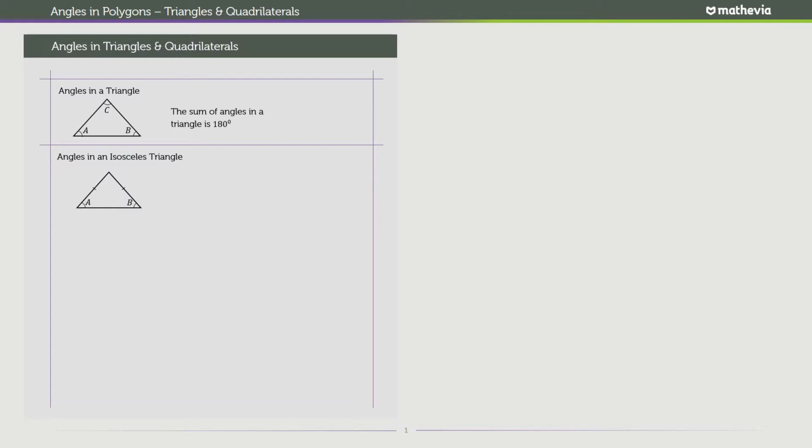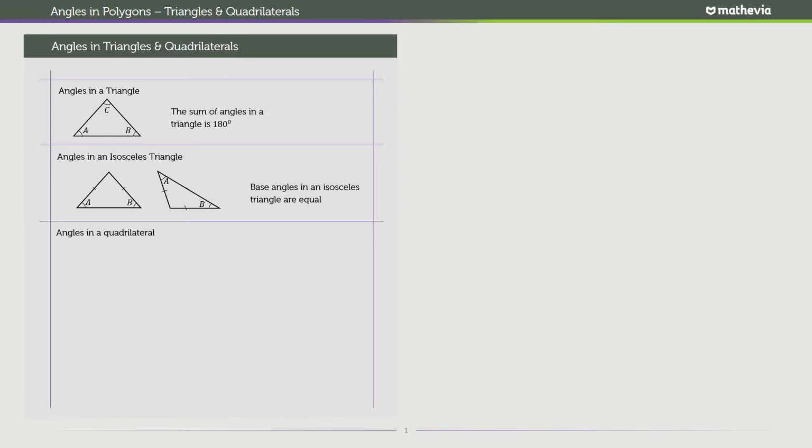So the base angles in an isosceles triangle are equal. An isosceles triangle can come in any form; it just needs to have two sides equal.